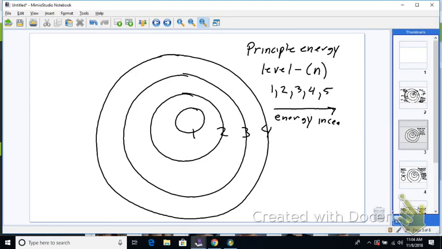So remember I said we're going to be able to tell a little bit about electrons and some properties they have. So an electron in the 2 compared to an electron in the 1, how do their energies compare? 2 has more energy than 1.